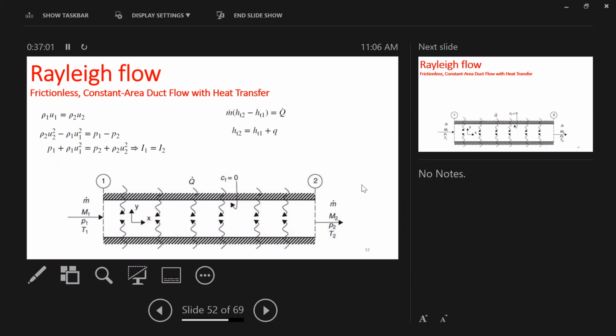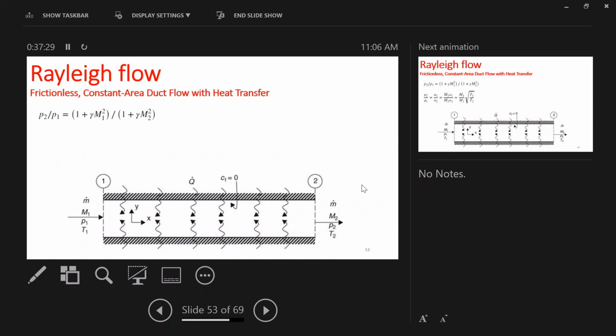Your total enthalpy at the outlet is going to be your Q plus enthalpy at the inlet, which essentially is telling you that the only way your total enthalpy is increasing is by adding the heat. Are there any questions? Pretty simple, right?